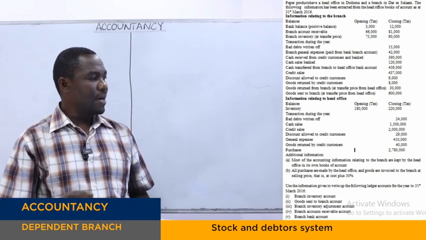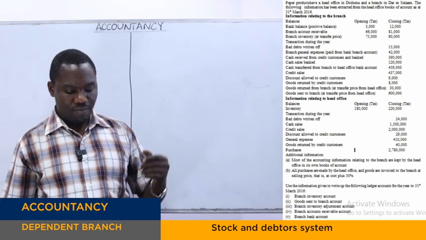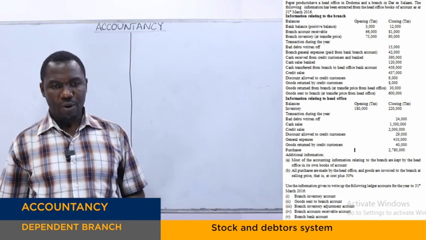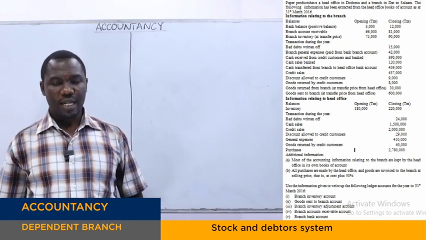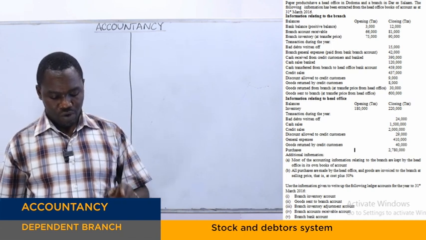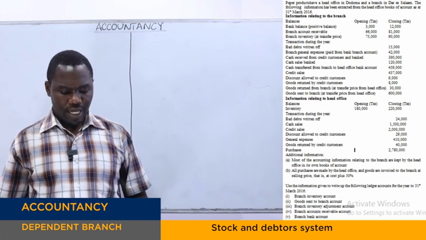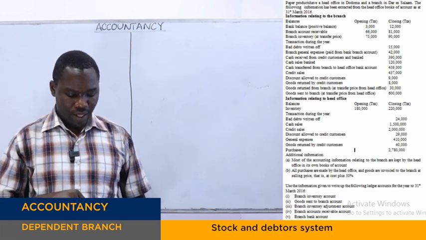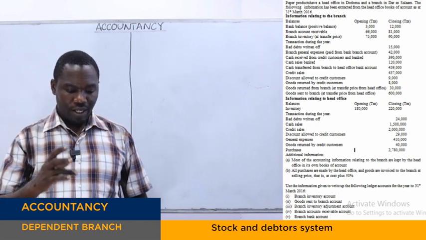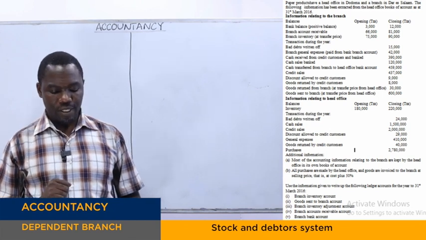But in the introduction part, we said that in this part we open up 6 books. Here we are not required to open up the profit or loss account. So this question requires us to open almost 5 accounts. Here we are given 2 kinds of information: information relating to branch and information relating to head office.